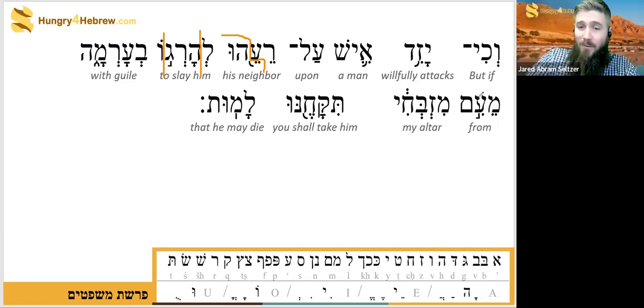God's saying, even from my altar, you shall take him. I have a missing lamed right here. Tikachenu, the enu here is a combination of both a nun plus a hu. So the hey reverse assimilates into the nun, and that's why we have a dagesh.